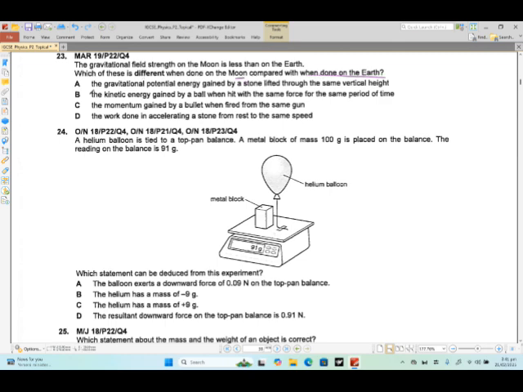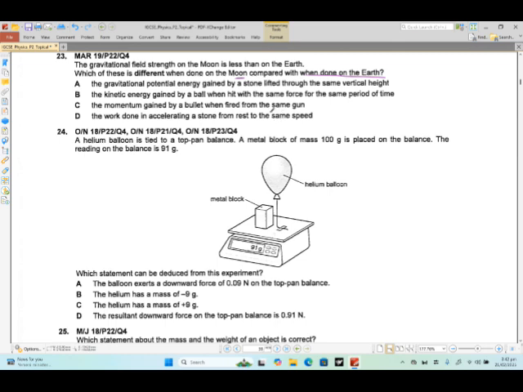Okay, the gravitational potential energy gained by a stone lifted through the same vertical height. The kinetic energy gained by a ball when hit with the same force for the same period of time. The momentum gained by a bullet when fired from the gun. The work done in accelerating a stone from rest to the same speed.